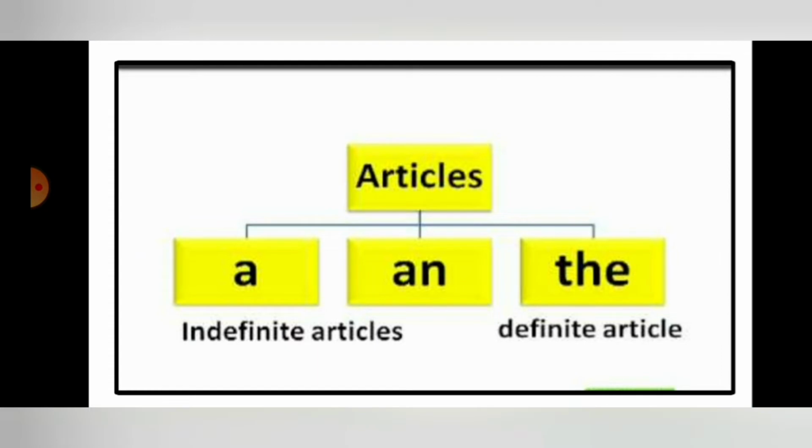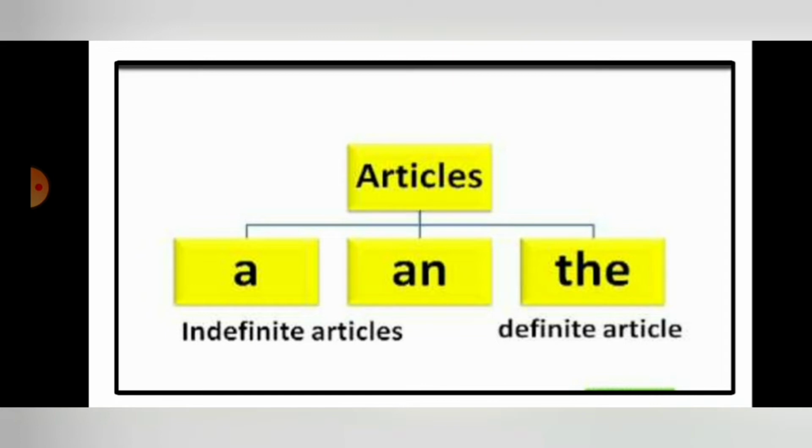Now, how many types of articles are there? You have already finished one type, so maybe you know that there are two types of article. I am sure you all know about it. The two types are indefinite articles and definite articles. A and an are called indefinite articles, and the is called the definite article.